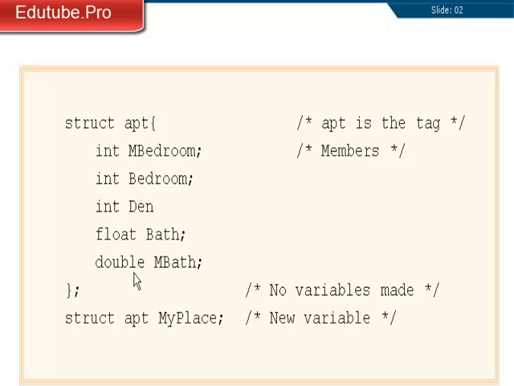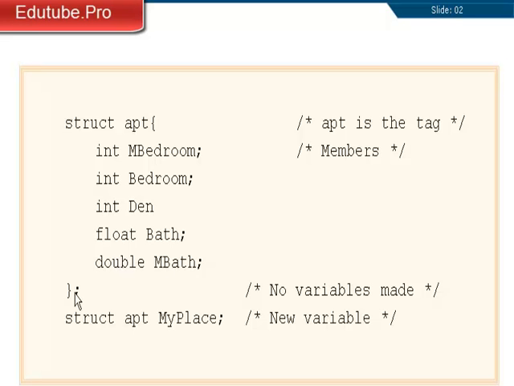It would be kind of worthless because we would make up a new type and then have no way of getting hold of it, and it would just kind of go away. So we're going to make a new apartment structure, and in here it will have an integer master bedroom, an integer bedroom, an integer den, and of course a float bath. I always like that myself. And then the master bath, I always like to make it a little larger. It'll be a double, which is just a big float. Works out, huh? So here we have our apartment structure.